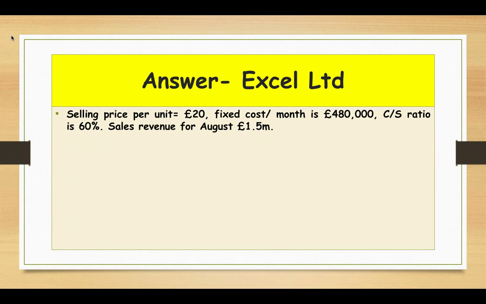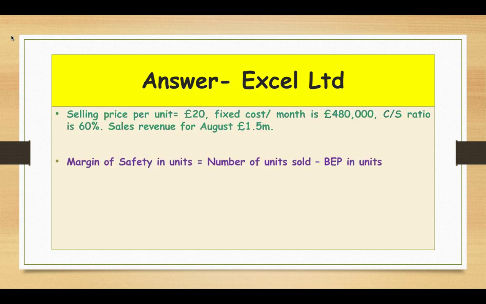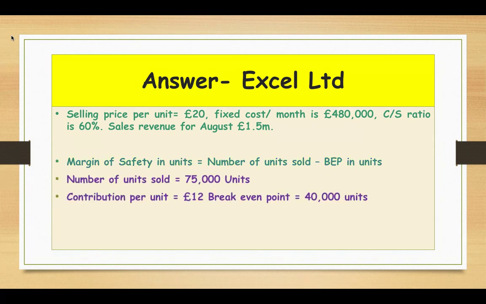Now we need to calculate the margin of safety in units. So as we all know, we need to start from the formula. So margin of safety in units is equal to the number of units sold, take away the break-even point in units. So first we need to calculate the number of units sold.